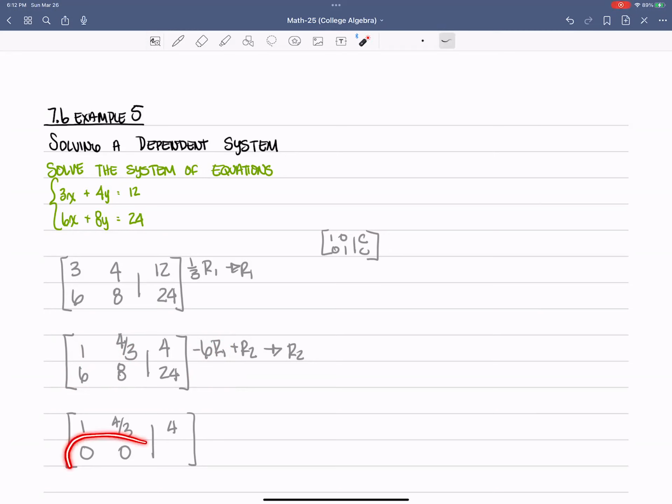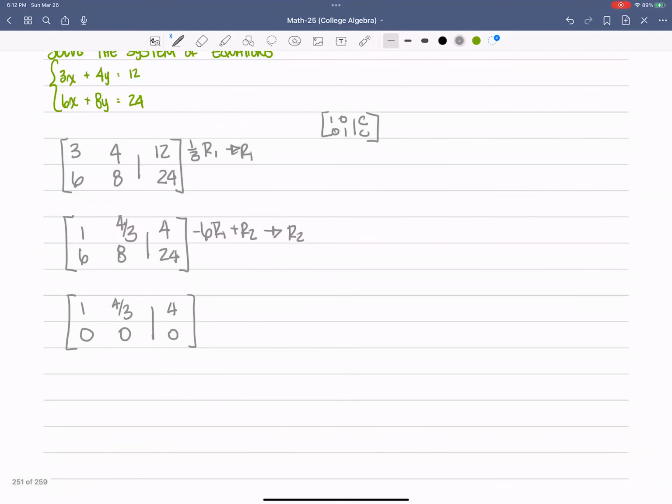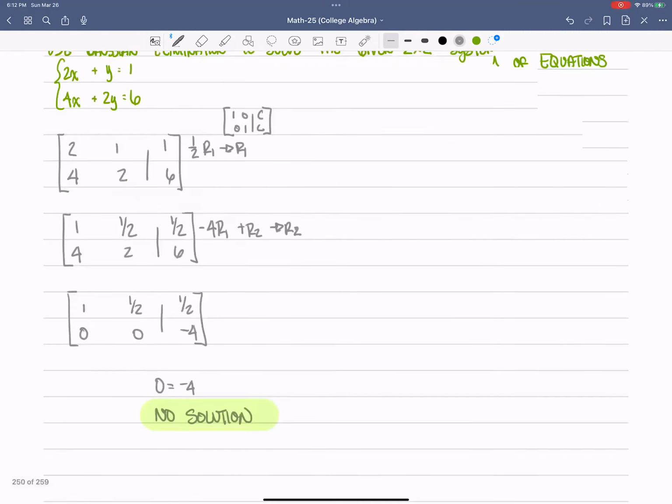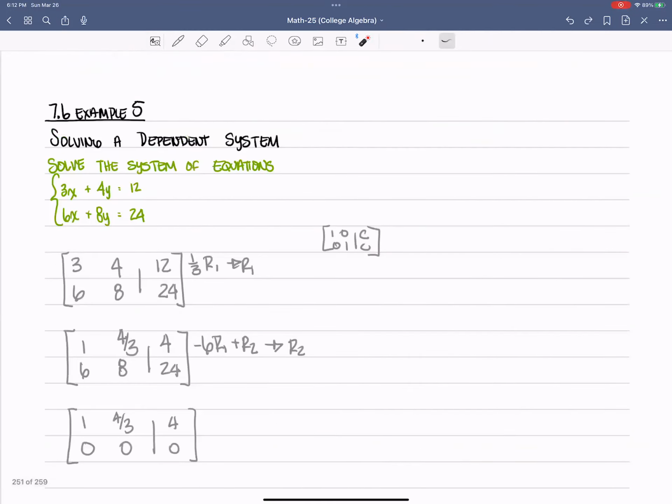Look what we have so far. Lastly, we have 4 times -6, which is -24, plus 24 gives us 0. And now this is very different from what we had earlier. In the previous problem, we had 0 equals -4, and 0 will never equal -4.